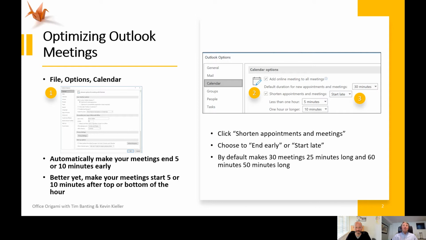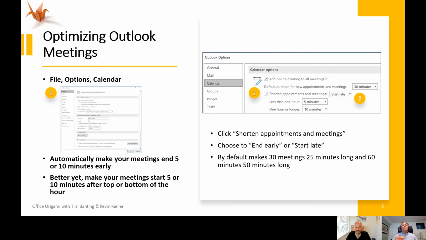But an even better option, I would suggest, is to choose start late, because this means that if you had a 9 o'clock meeting, it would then start at 9:05, for example. Let's say the person with the meeting before you didn't know this tip and hadn't set this option in Outlook, so they went right up to 9 o'clock. Now your participants are going to have that 5 minutes before your meeting starts.